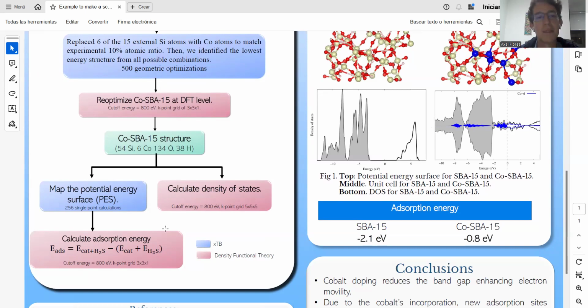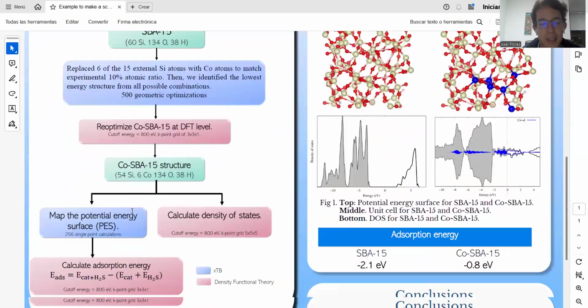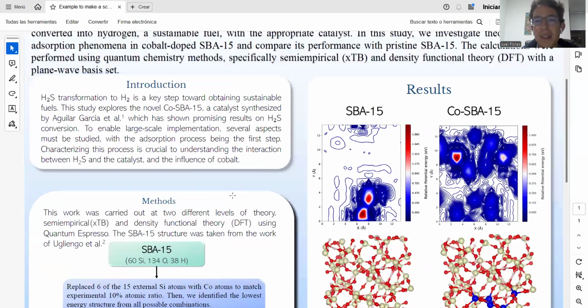But there are a lot of possible options to combine these two systems. So for that, we have to map the potential energy surface, and we are doing 256 single point calculations, and we also do this at the XTB level. And at the same level, we calculate the density of states at the density functional theory level.